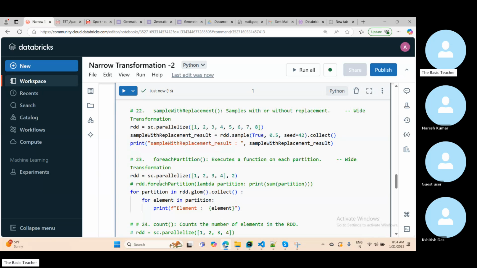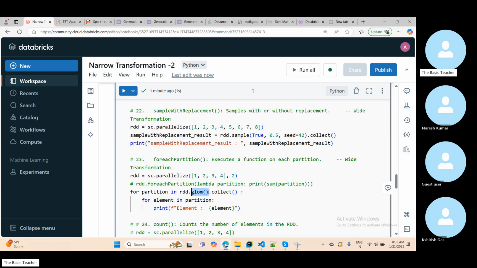Let's assume that you have an RDD. This is the original data, and you are creating this original RDD with 2 partitions. Then for each partition, you are going to apply some logic. Let's say here I am doing something for each partition. So for partition in RDD.glom, I understand that you have an understanding of glom as of now.